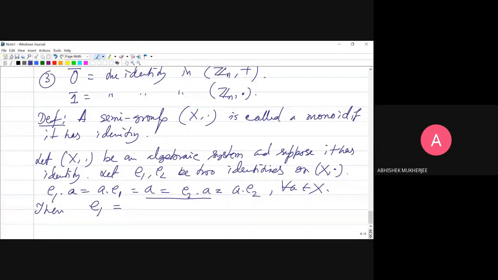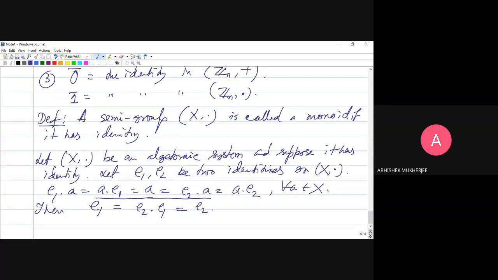That is, put E1 here. Then E1 equals E2 dot E1. So it is E2 dot E1. Now if we come to this equation, then you will see that if we put E2 here, then E2 dot E1 equals E2. So it is E2. So this proves that in any algebraic system, if it has an identity, then that identity must be unique.